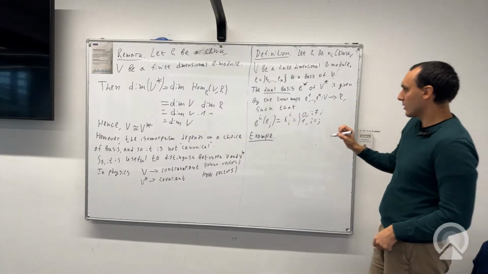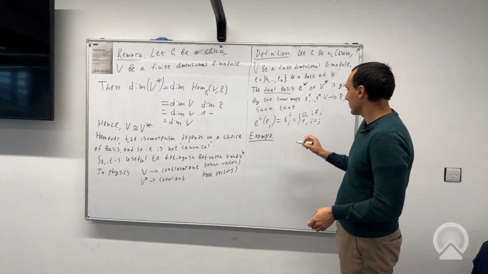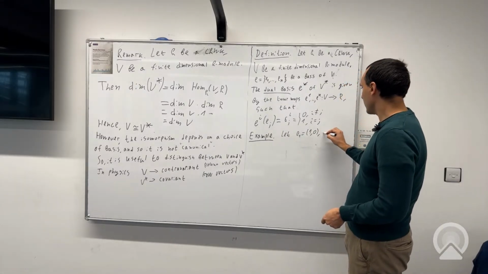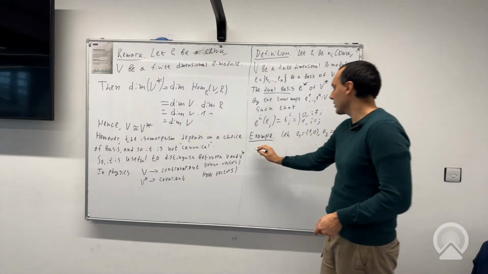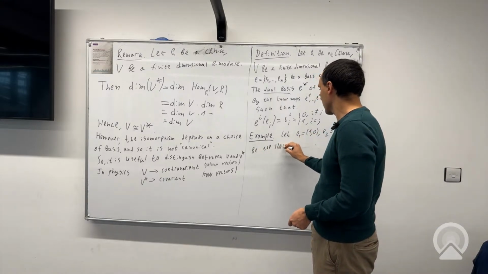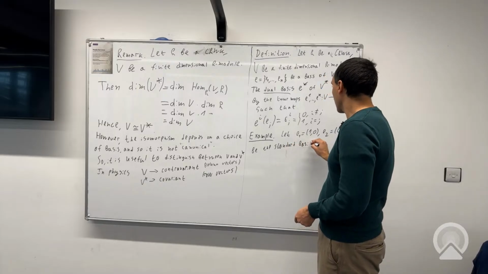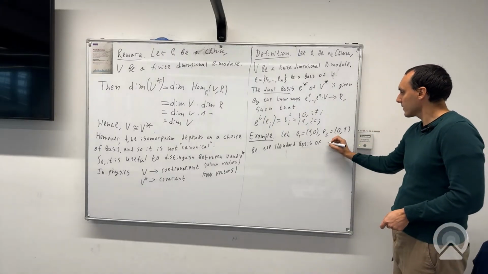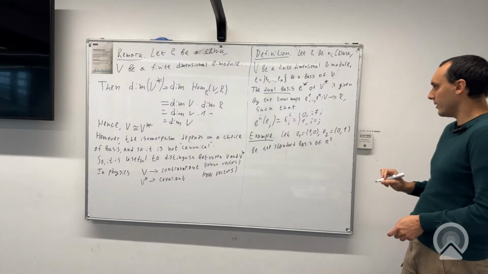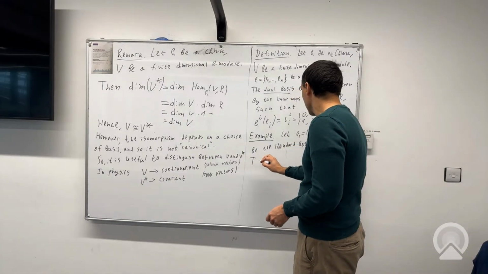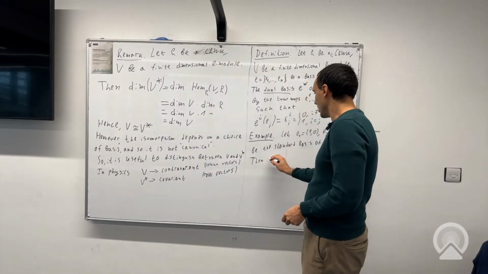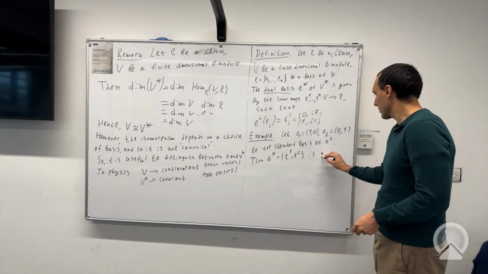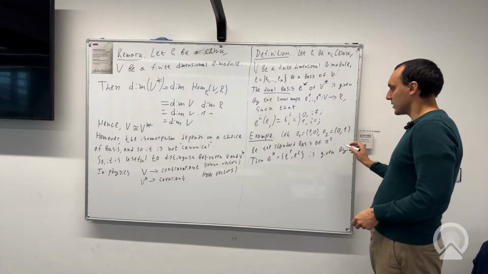So again, take R squared. Let e1 and e2 be the standard basis of R squared, and then E star, which is the set of e^1, e^2, is given by the projection maps.